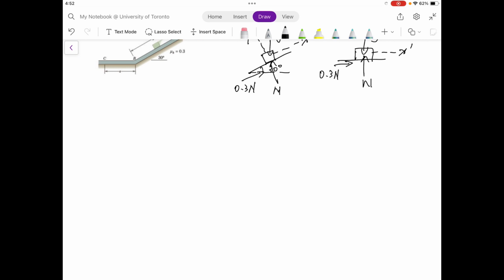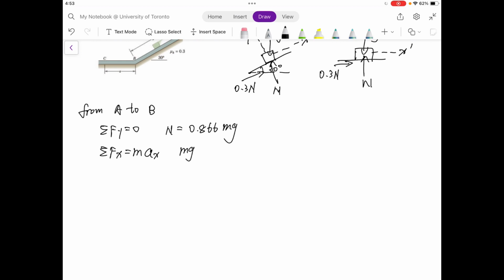Because this is two pieces of rectilinear motion, from A to B, the forces in the y direction are equal to 0. We will get the normal force equal to 0.866 times the gravity. In the x direction, the force is equal to m times the acceleration in the x direction.